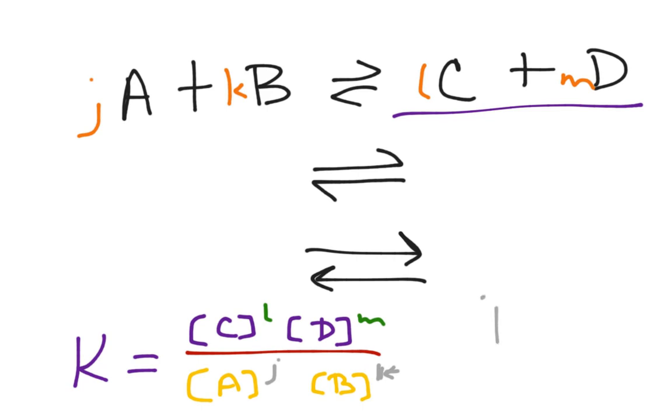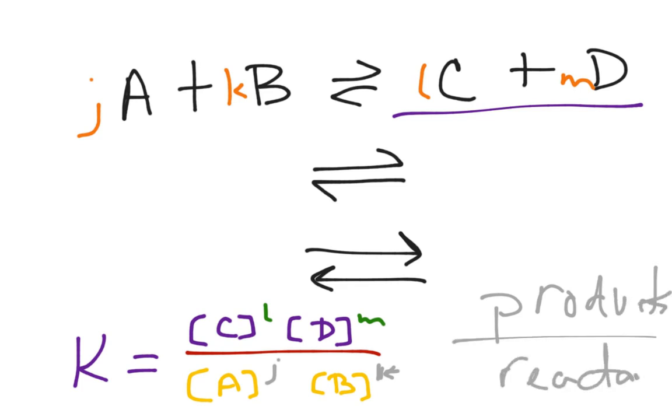So it is always products over reactants. Get used to saying this in your head, because we will see this a lot. Products, reactants, products over reactants, always, always, always.